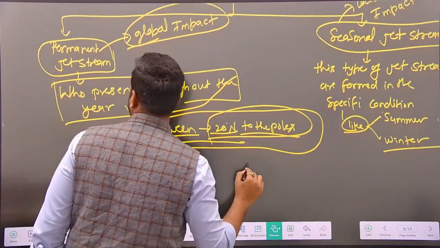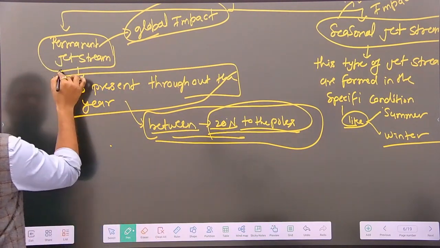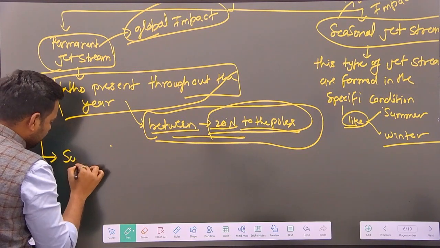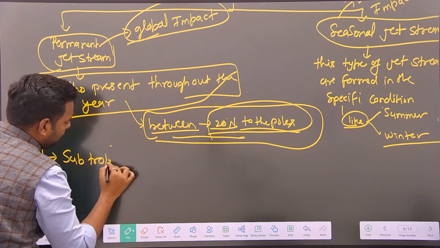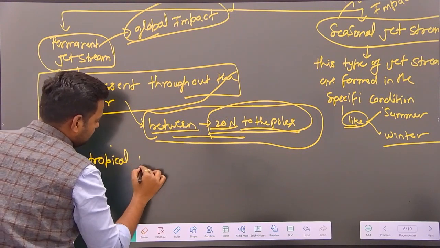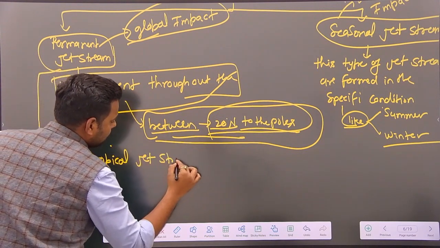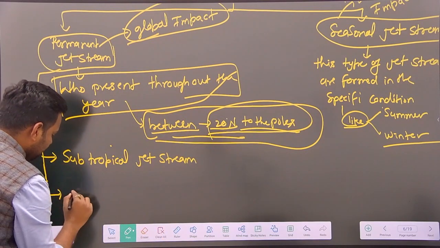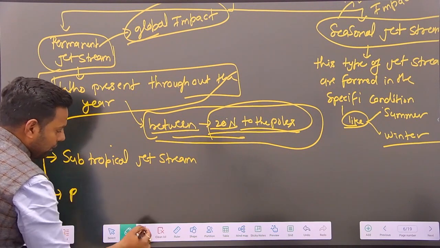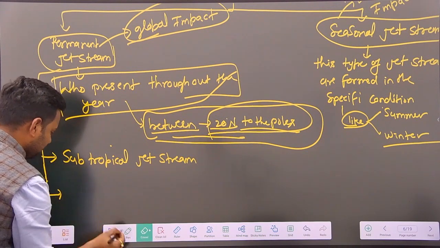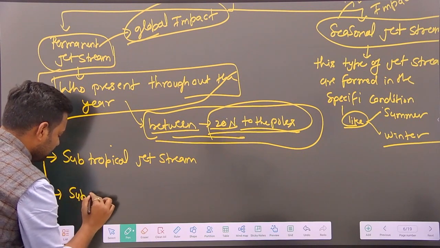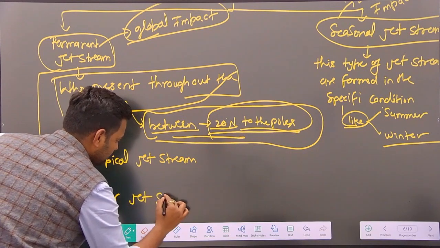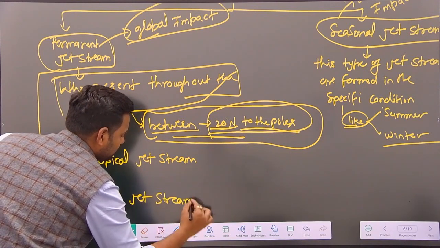We also discuss that permanent jet streams are of two types. One is the subtropical jet stream, and the second is the subpolar jet stream.